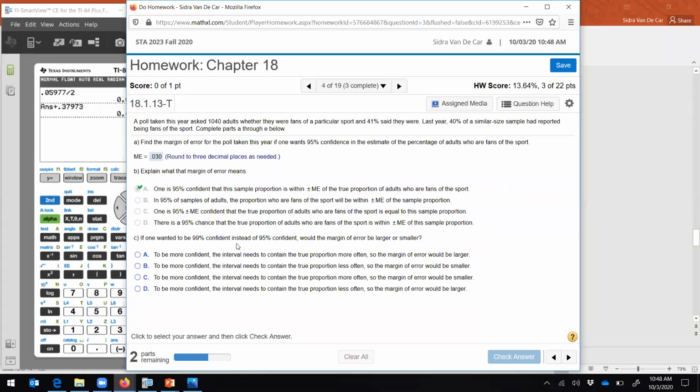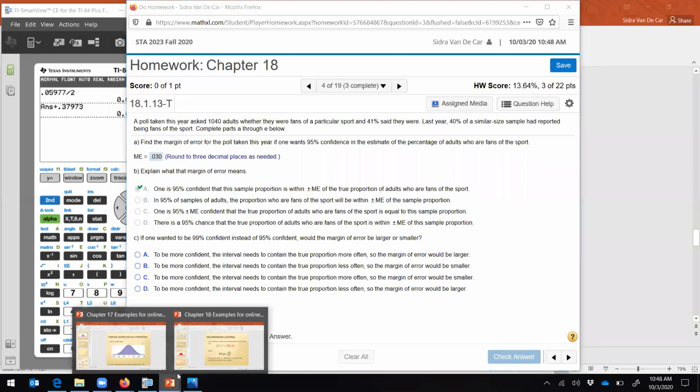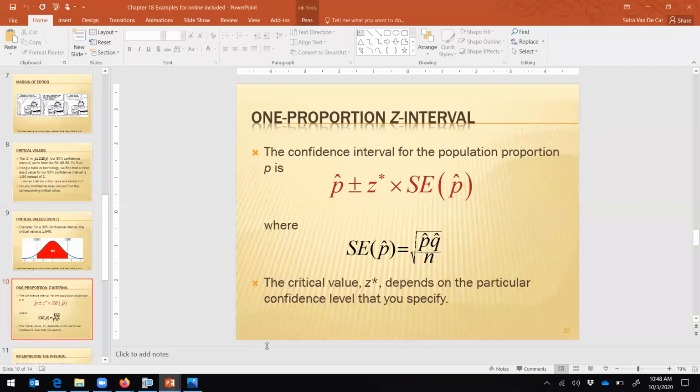If one wanted to be 99% confident instead of 95% confident, would the margin of error be larger or smaller? Look at that formula. I'm multiplying the Z star. The bigger the confidence level, the bigger that number is. So it's going to make the interval wider.